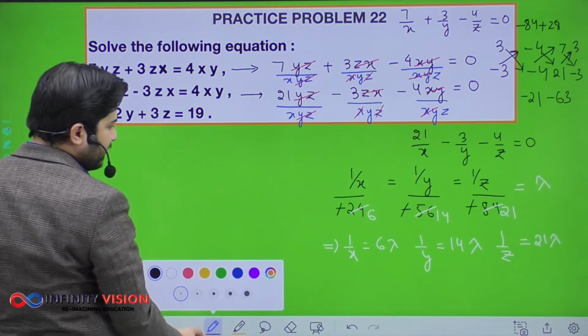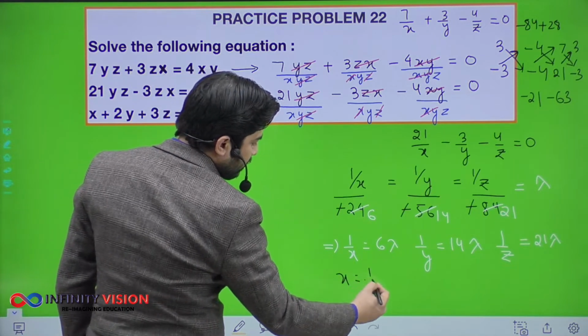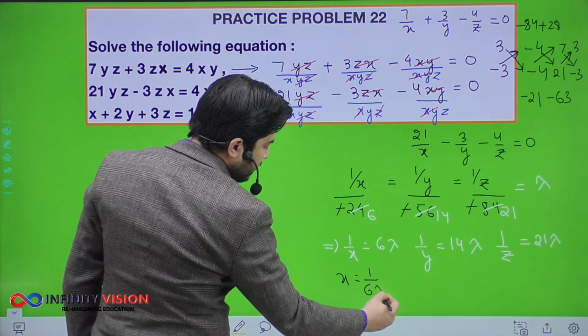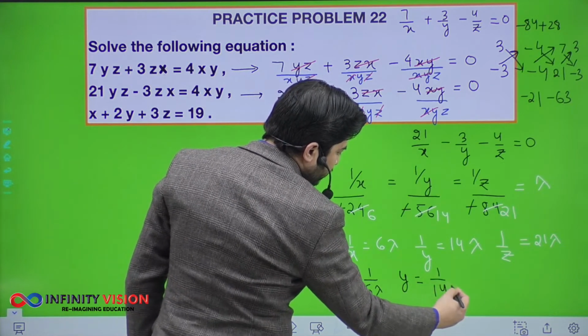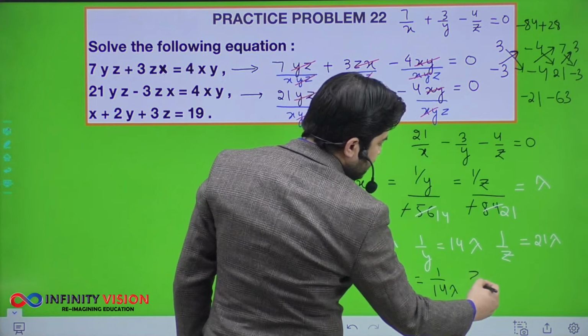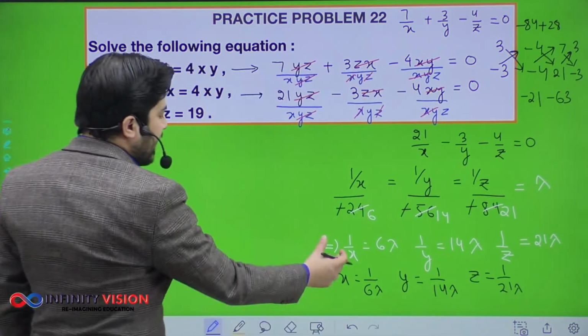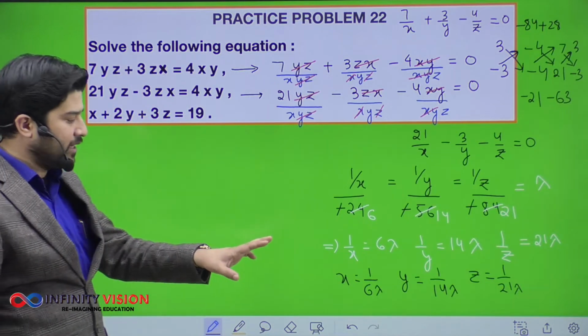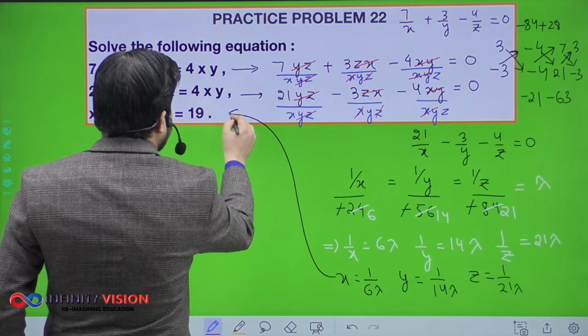Now what we can do? We can simply write my x is nothing but 1 by 6 lambda. My y is nothing but 1 by 14 lambda. And my z is nothing but 1 by 21 lambda. Now I have my x, y, z in terms of 1 by lambda, which I am going to put in my third equation.